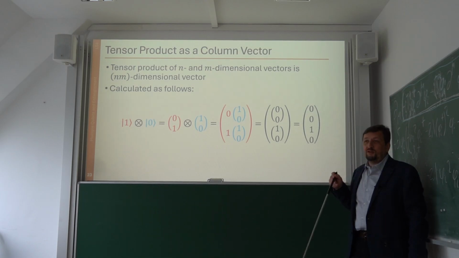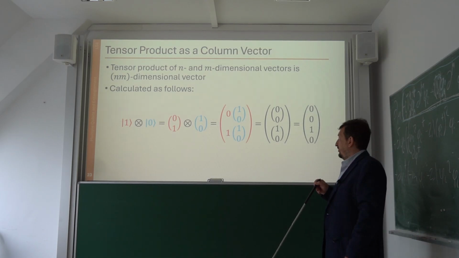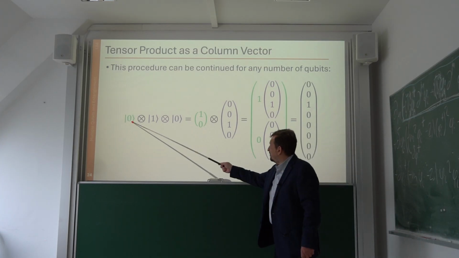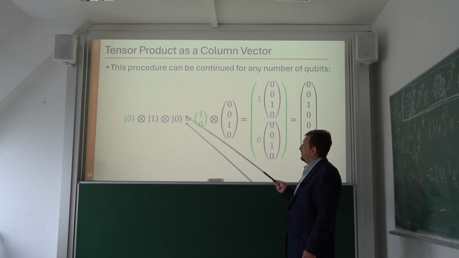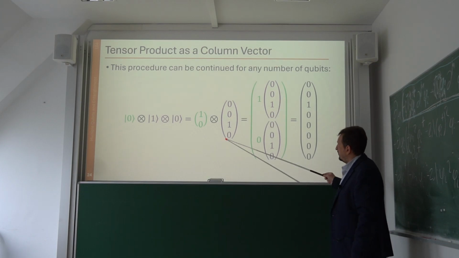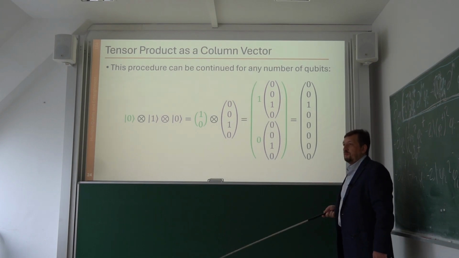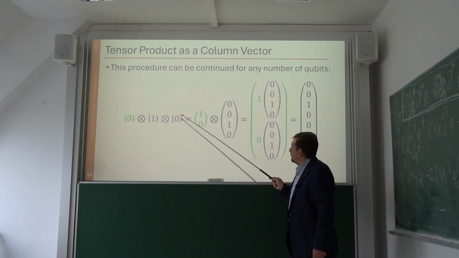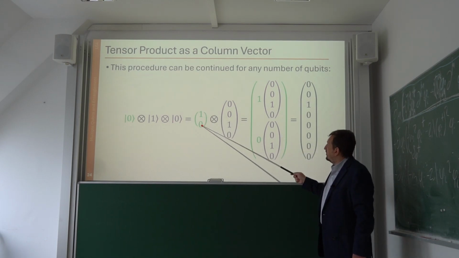This can be repeated when we have more than 2 qubits. For example, for 3 qubits, 0, and here |1,0> that we calculated on the previous slide. So this |1,0> is a column vector with dimension 4. Here I have a column vector that corresponds to state 0, 1, 0.